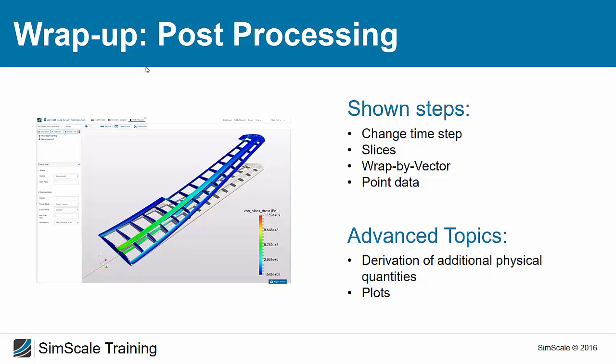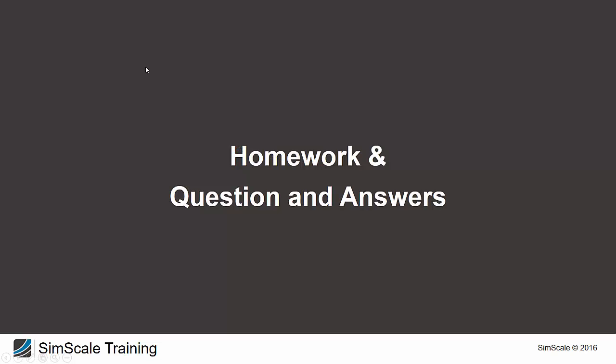You could define a criterion you want to investigate and build a custom solution field based on the results you have, like dividing one result by another. You can also create plots within the 3D post-processor, and these topics are covered in the professional training.